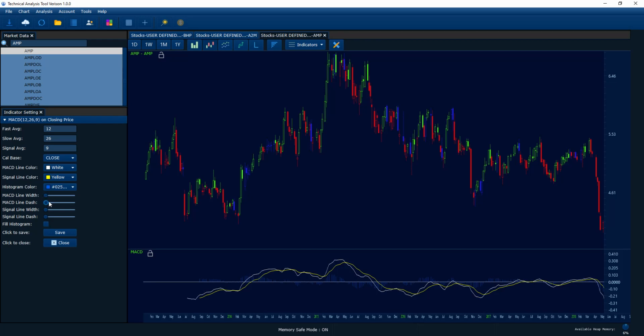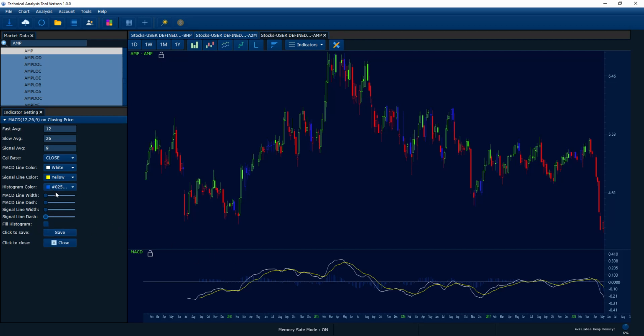Also the MACD line's dash offset value, you can change it to a dashed MACD line. And then there is the signal line width and the signal line dash as well.